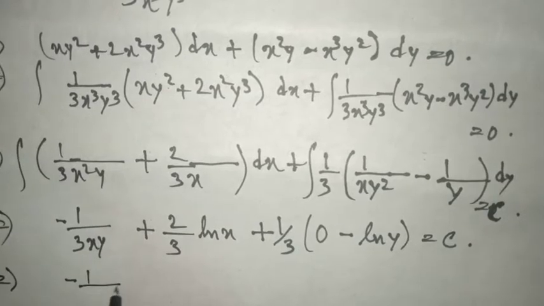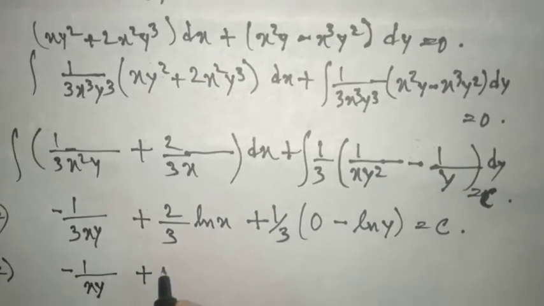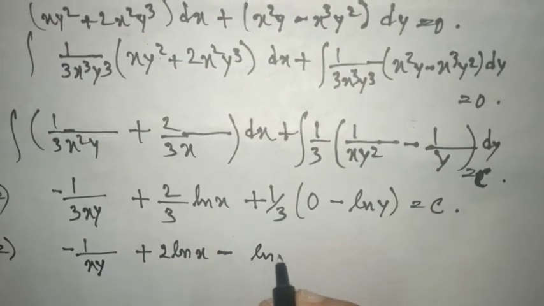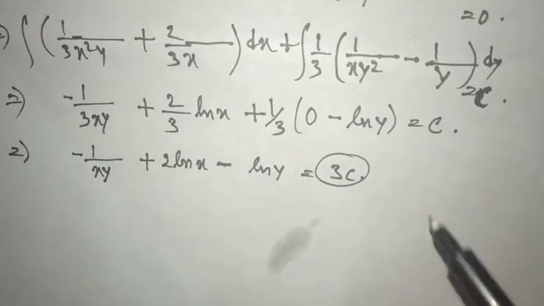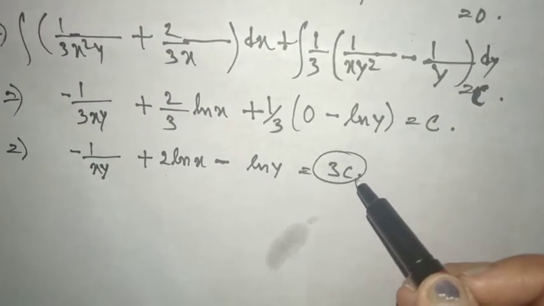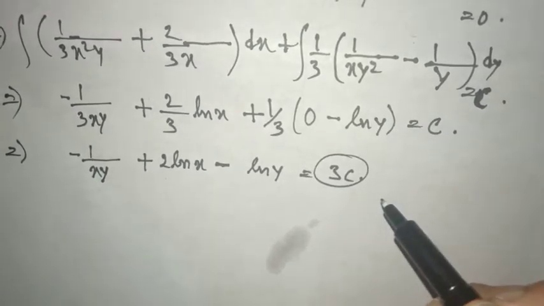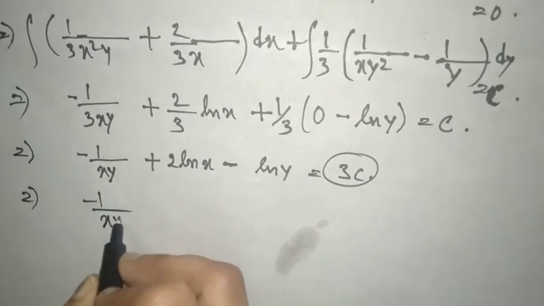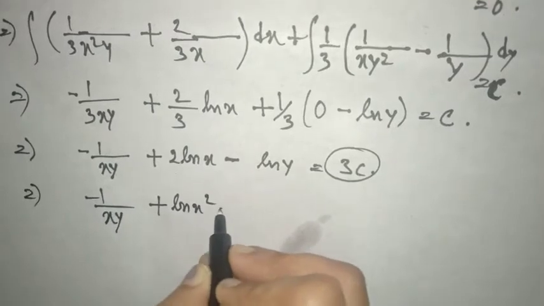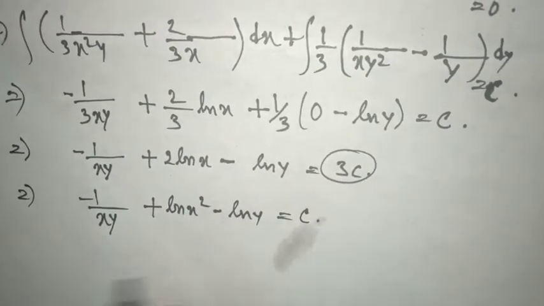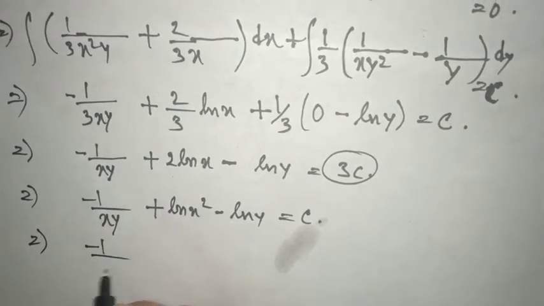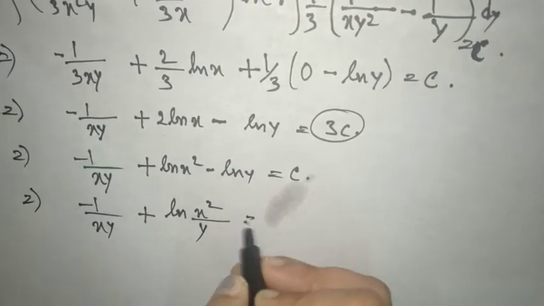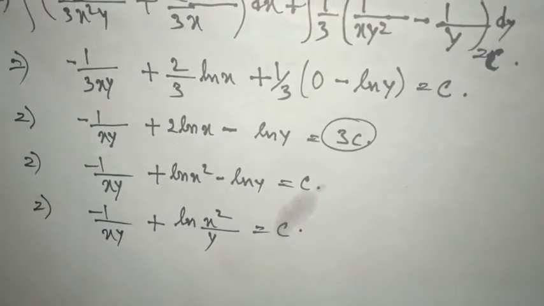So this becomes minus 1 by xy plus 2 ln x minus ln y is equals to 3c. If a constant is multiplied by another constant, then we can take it as again c or c dash, so let me keep it as c only. So this is minus 1 by xy plus ln x square minus ln y is equals to c, that implies minus 1 by xy plus ln of x square by y is equals to c. So this is its final solution.